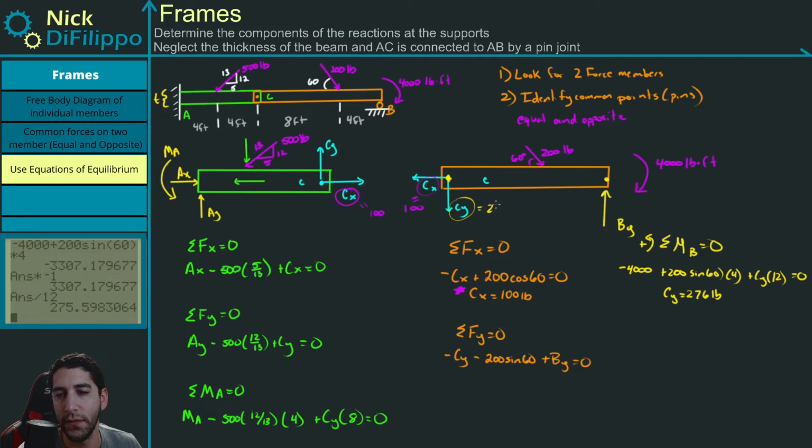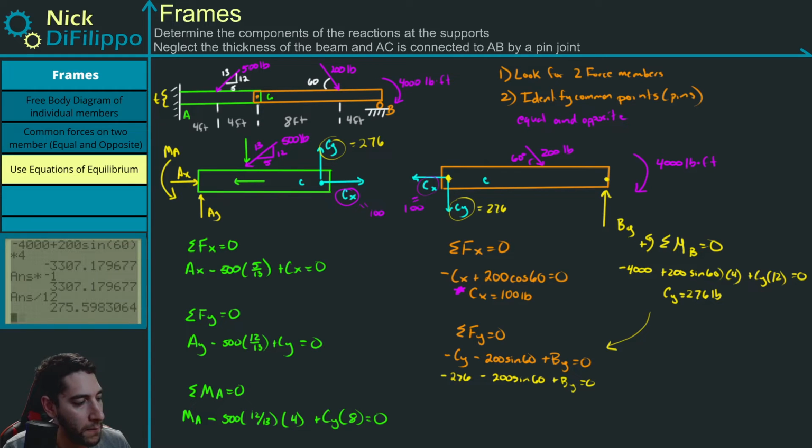So that's CY right here. This is equal to 276. And this CY is also equal to 276. Now I can plug this into the equation I have here. So minus 276 minus 200 times the sine of 60 plus BY is equal to 0. Solve for BY.